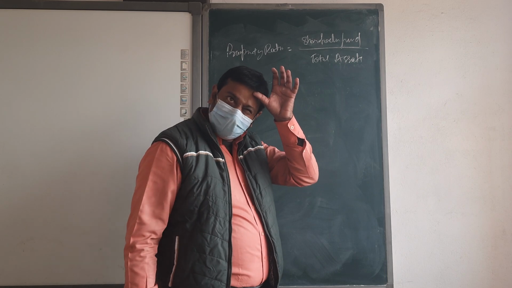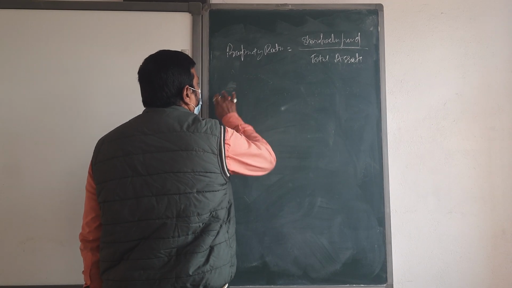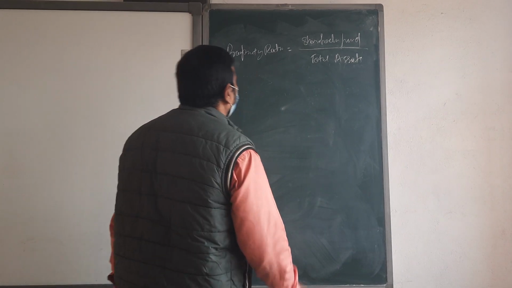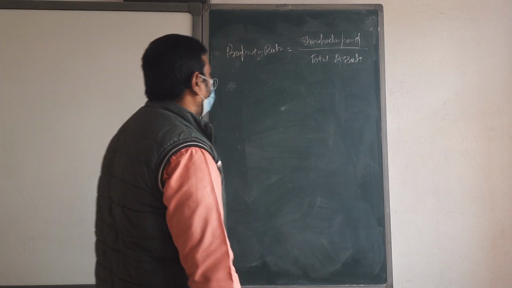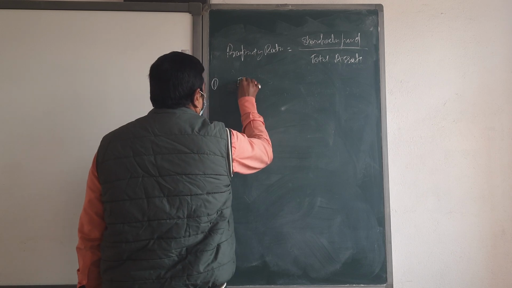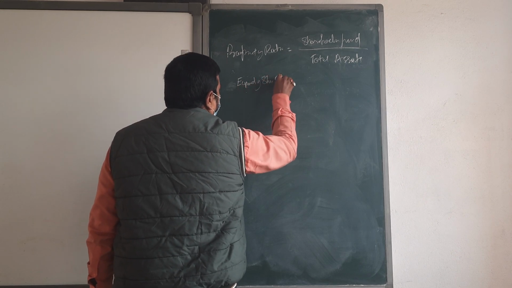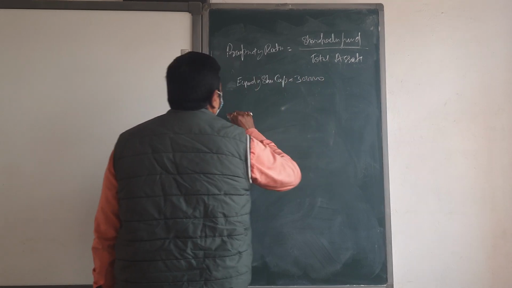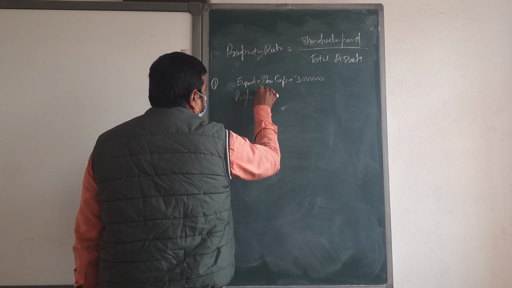Calculate first debt equity ratio, second total assets to debt ratio, and third proprietary ratio from the following particulars. We are only going for the proprietary ratio. Okay? Equity share capital 3 lakh. Next, preference share capital 1 lakh.